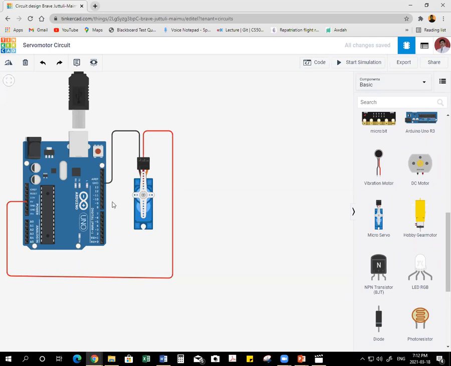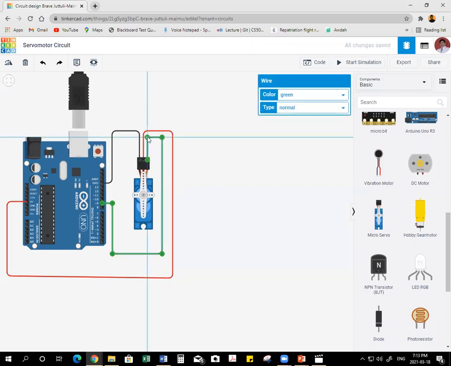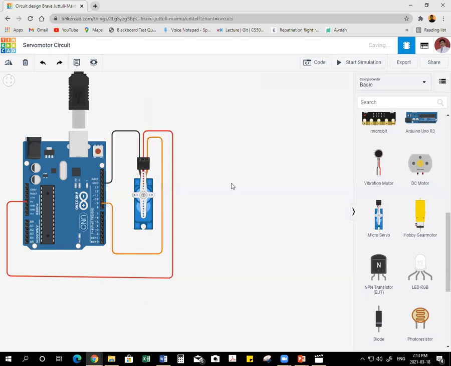So for that we need one analog pin. So I choose 9. I choose orange, same color, because the pin is here.